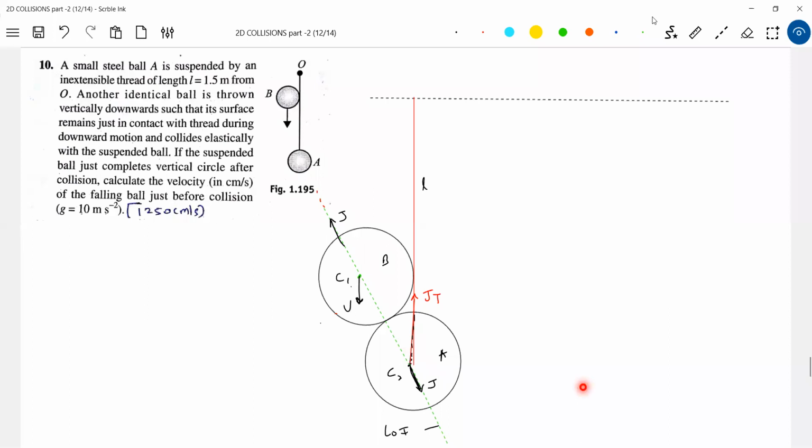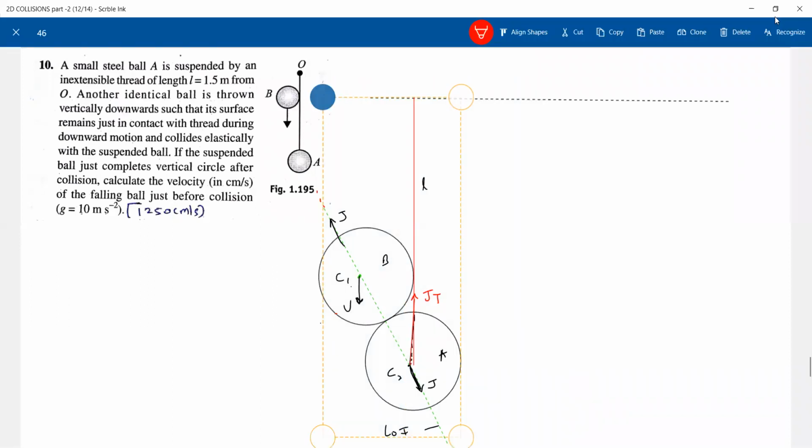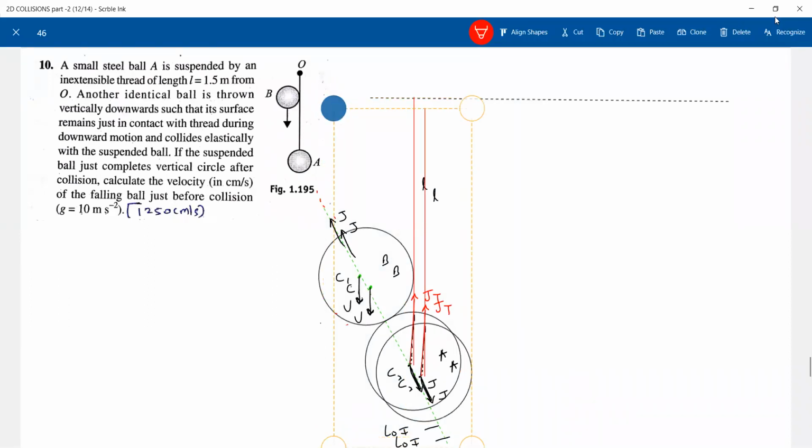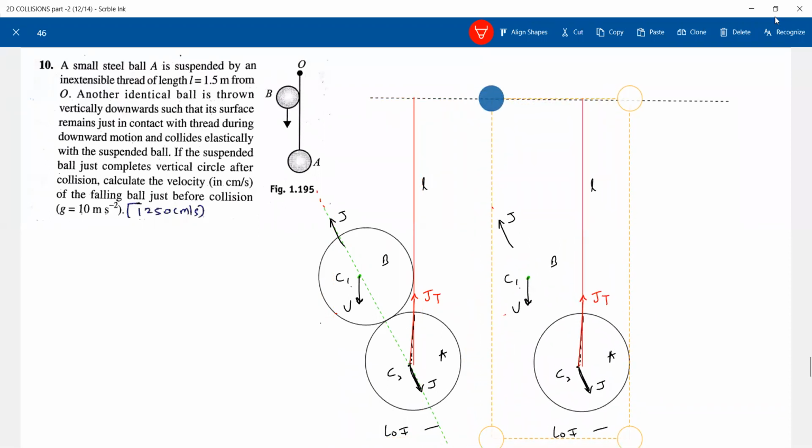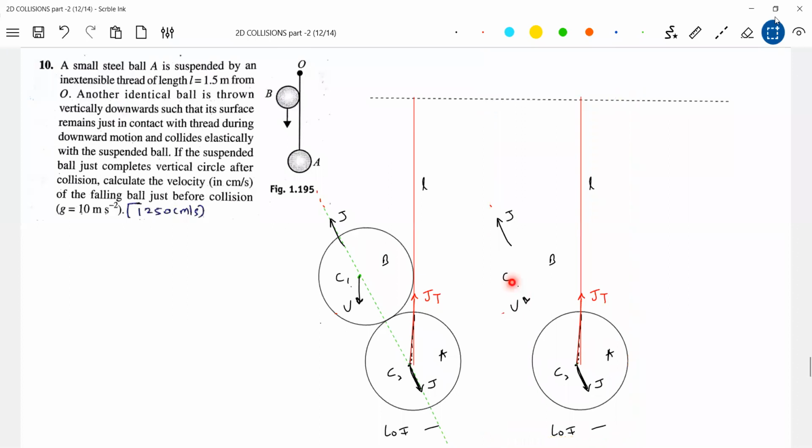Okay, let's see that. Now it should complete a vertical circle. So just after collision, what should be the velocity of this ball? The velocity of the ball should be in this direction, so that it will complete the vertical circle.